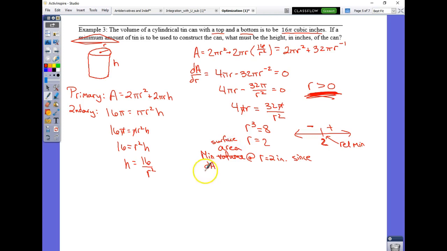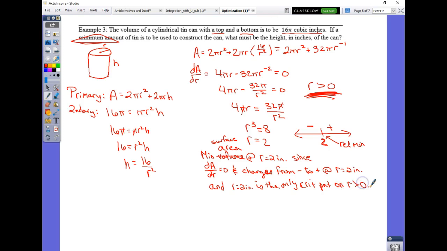Because dA/dr is equal to 0, and changes from negative to positive at r equals 2 inches, and r equals 2 inches is the only critical point on r is greater than 0. So we've proven that the minimum surface area occurs there.